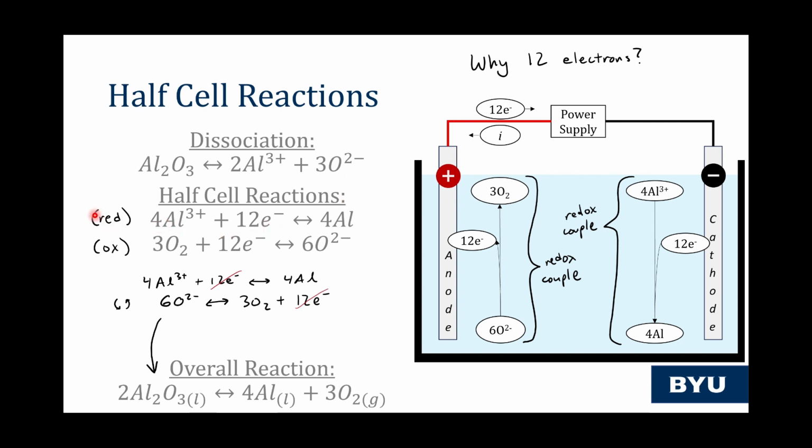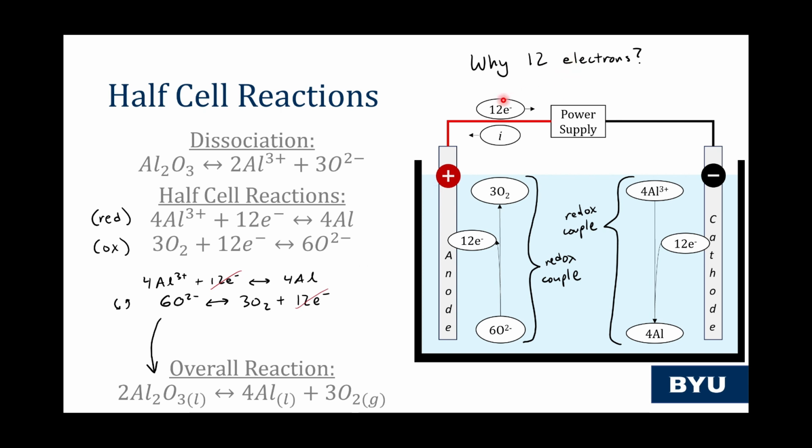We have a reduction of aluminum 3 plus to aluminum metal, and that happens, of course, at the cathode. And then we have an oxidation at the anode, and that's when we go from our O2 minus to our oxygen. You'll notice it's written out here in terms of a reduction, and that's just standard practice. They're called standard reduction tables often, and we write all of these reactions as reductions.